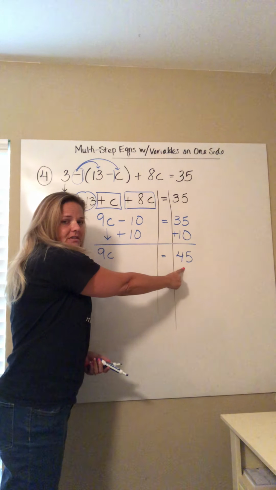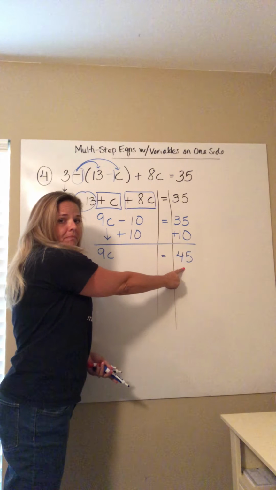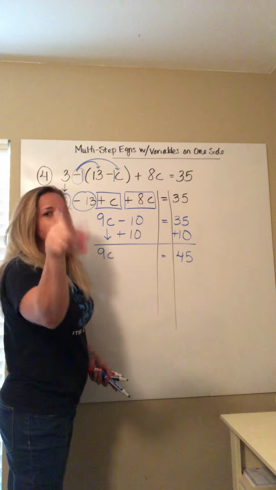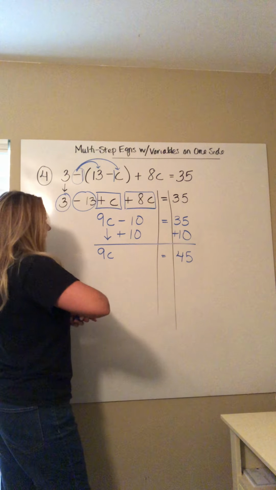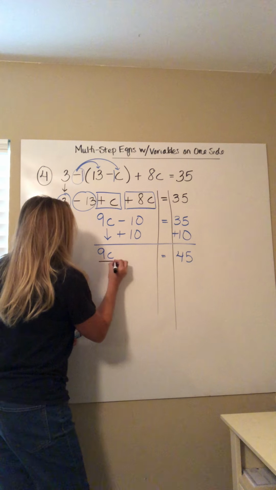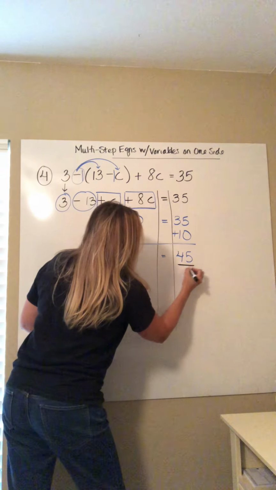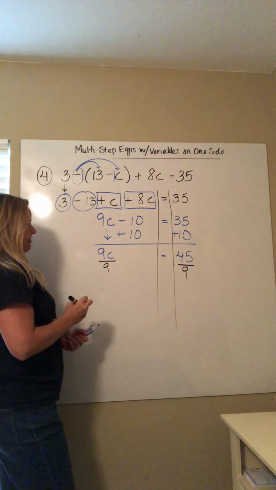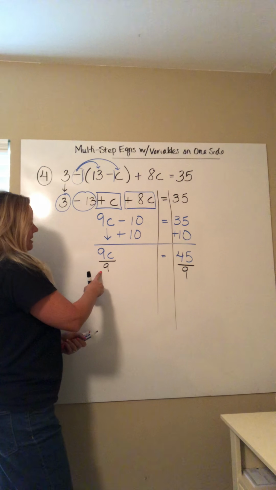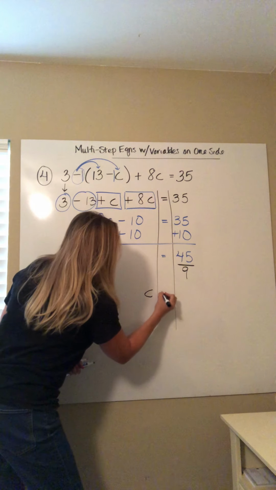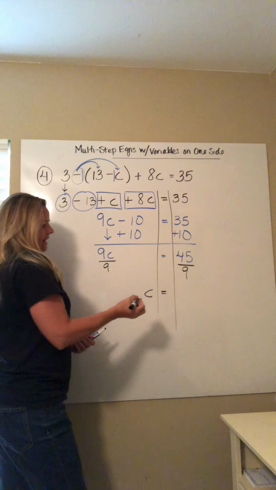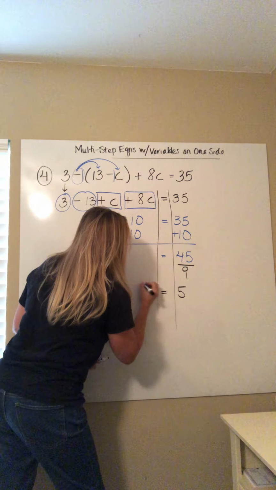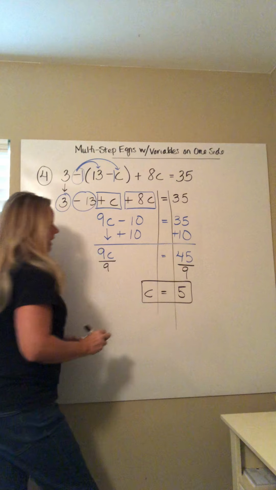What's this guy called if he doesn't have a variable with him? A constant. All right. So the last thing I'm going to do is divide both sides by 9. 9 divided by 9 makes 1c, and 45 divided by 9 is 5. So c is equal to 5.